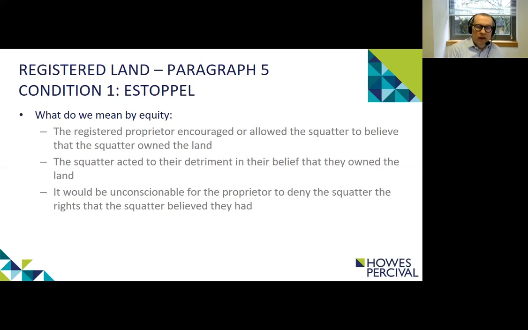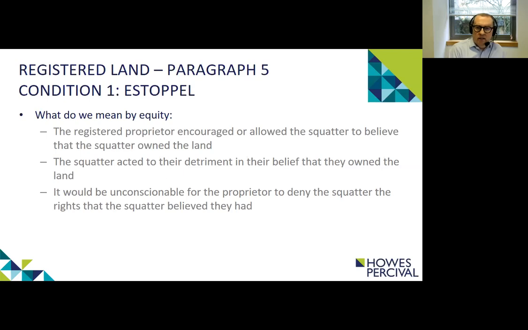And usually in this situation, if you as the neighbour who does have title to the land watch the extension going up, do nothing about it, watch the family move back in, watch them enjoying the extension, and then 2 or 3 years later say, oh, I've just checked my title deeds and you have built over onto my land, usually a court would say, well, you've allowed the squatter to build on your land.